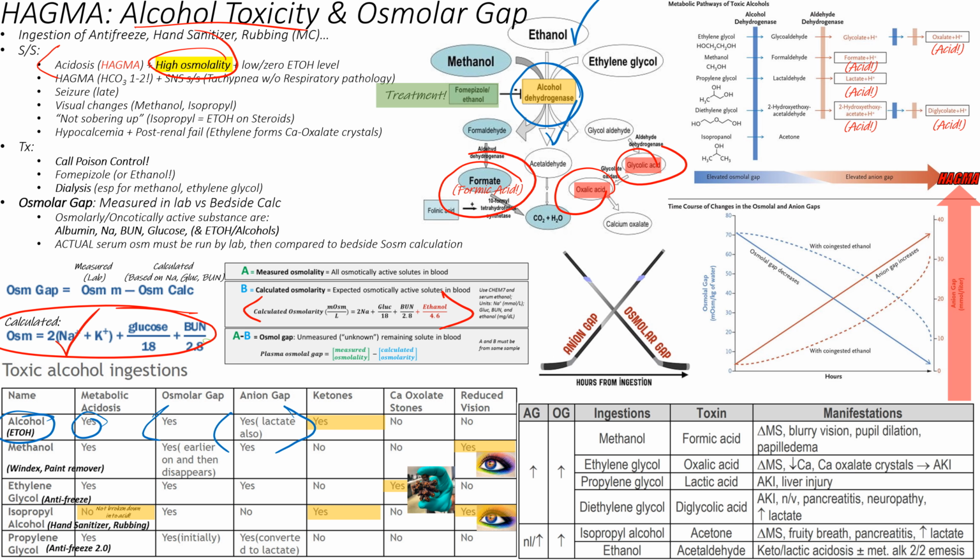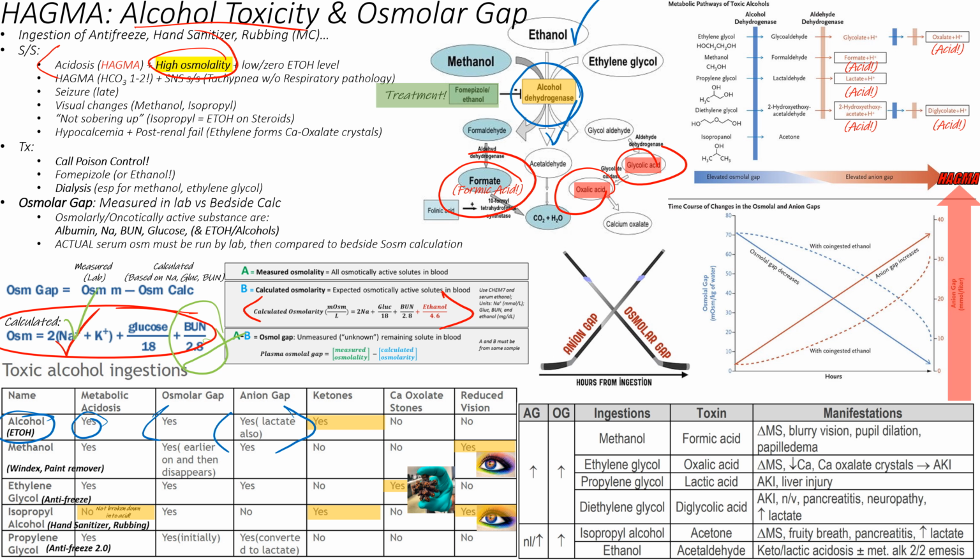If you take someone's BUN and divide it by 2.8, that's going to add to someone's osmolarity. So if someone's BUN is 28, that's going to add 10 points. Normal BUN being 20, so about 8-ish, right? So we already have 280 plus 8-ish, so we're at 288. And then glucose.